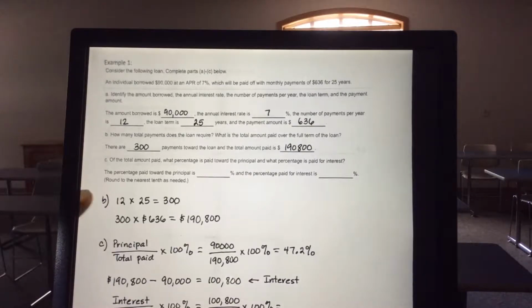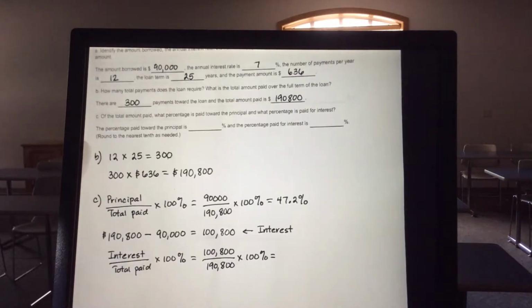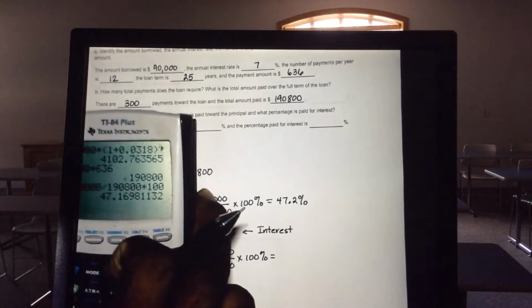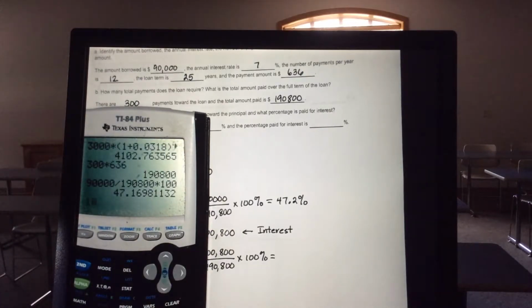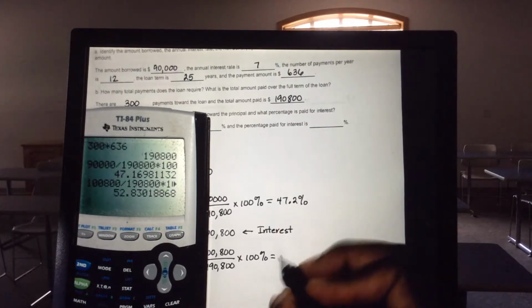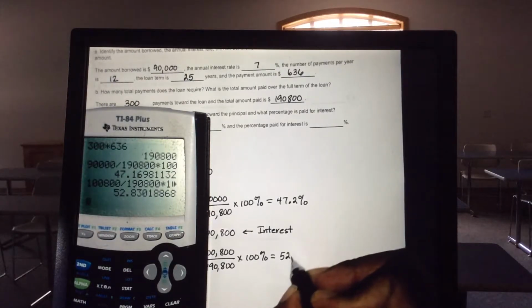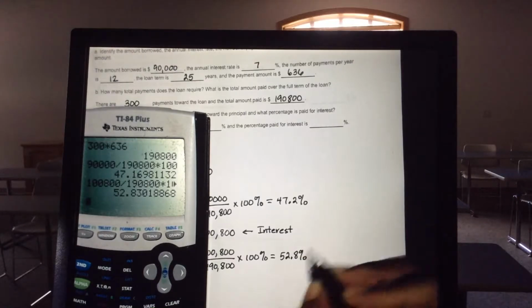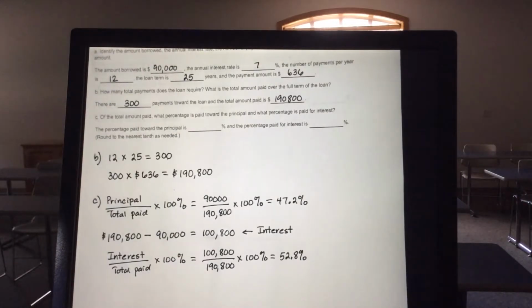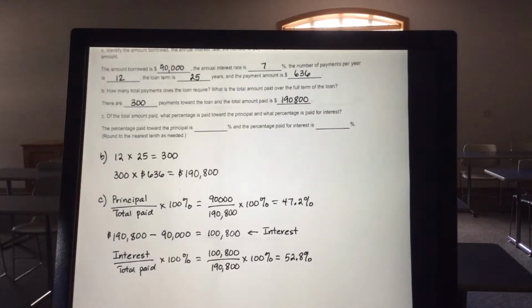And that will give us, to one decimal place, 52.8%. So 52.8% of that loan amount is going towards interest.